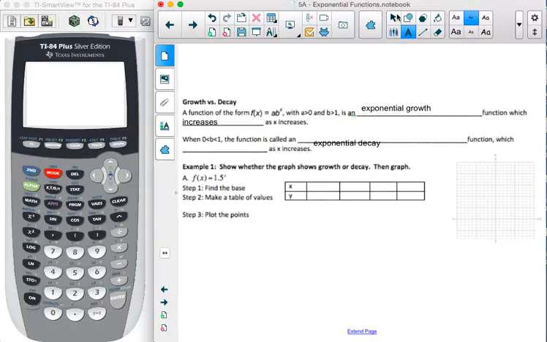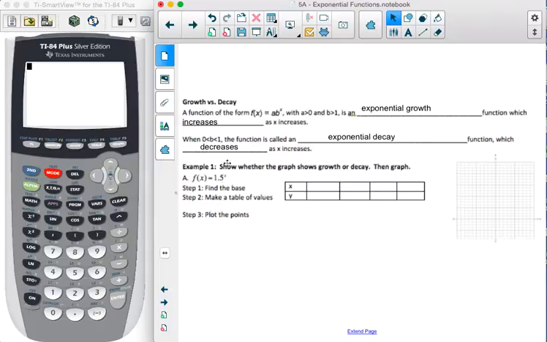You guys might use these same words. So it's an exponential decay function because as x increases, it decreases. The way I like to think about it. Some people also say that it increases as x decreases, which really does mean the same thing, but it's, in my opinion, a little strange to look at it that way.